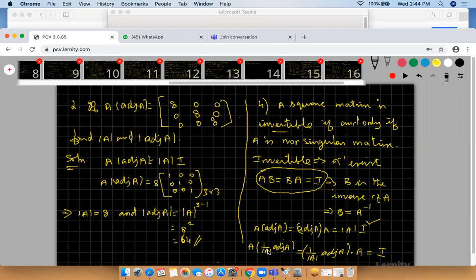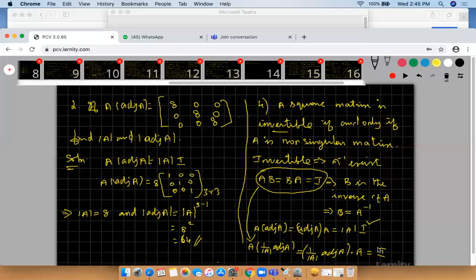Now look at that, compare this and this. A is there, A is there. Here 1 by determinant of A, adjoint of A, here it is B. Similarly, here it is B. Here it is A. Here it is I, and this side is I.